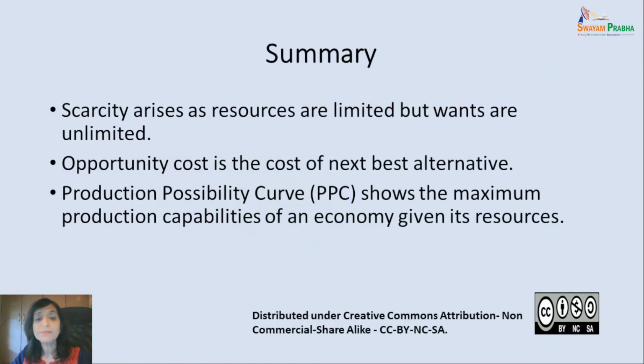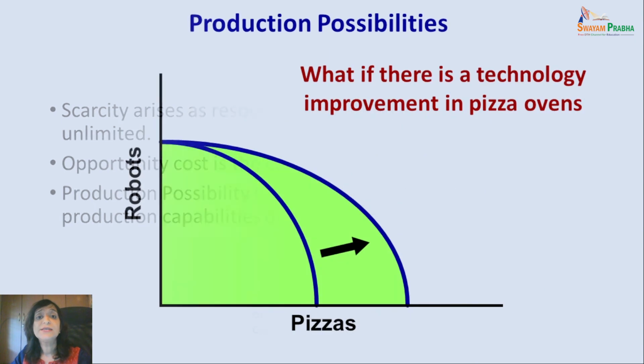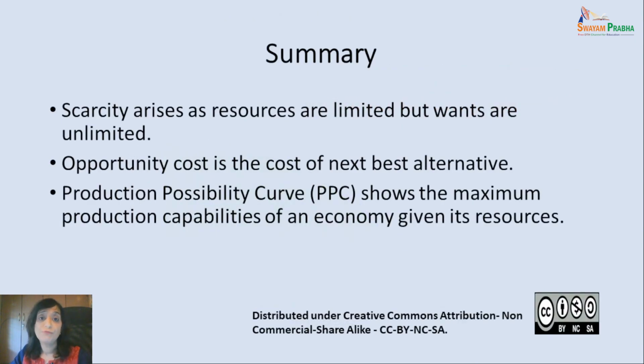Then let us just summarize what we have understood in this lecture. We have said that scarcity arises because resources are limited but our wants are unlimited. Because there is scarcity of resources, we have to make a choice, and what we forego in order to give and take another is measured by opportunity cost.